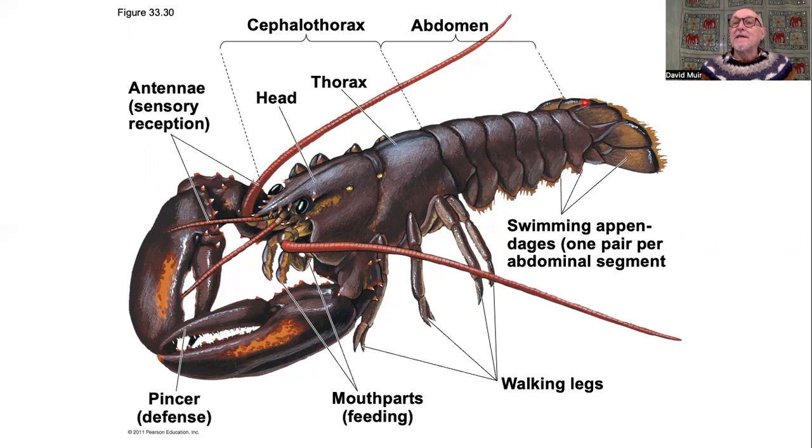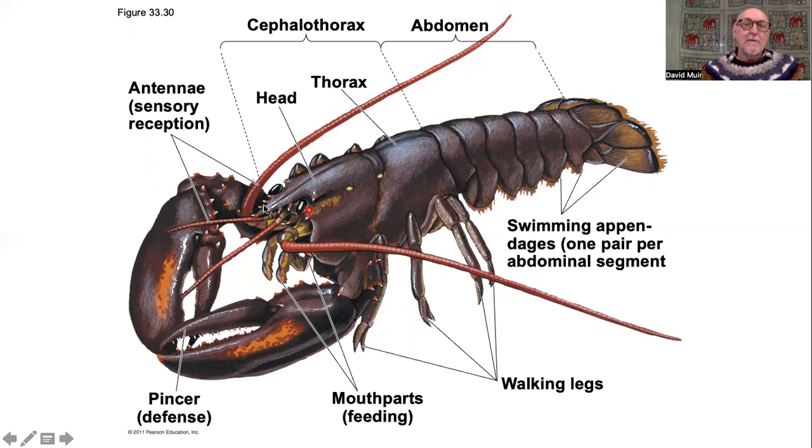And then these here at the end, the tail, are also modified for locomotion, but these act, when the abdomen is flexed, to move the animal backwards. So the abdominal limbs are for swimming forwards, and flexing the abdomen rapidly pulls the animal backwards, usually in an evasion.